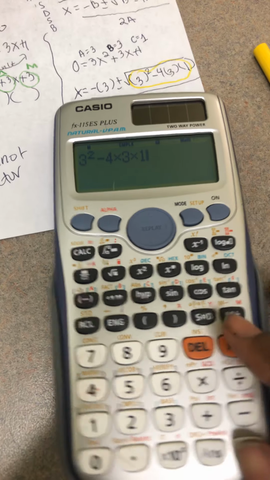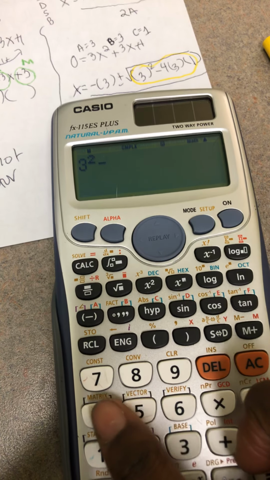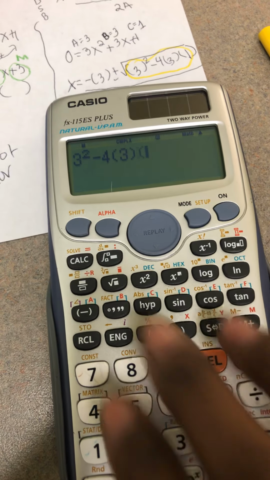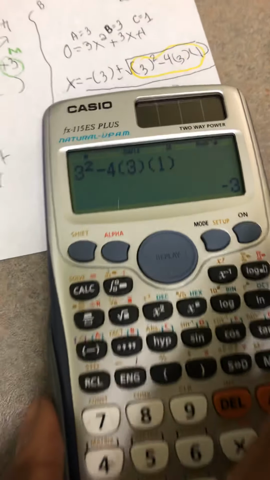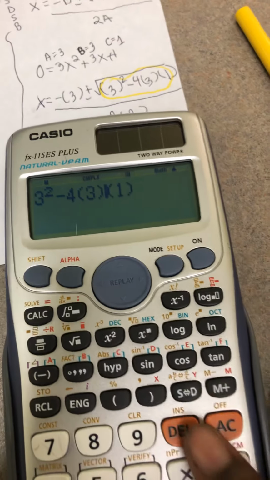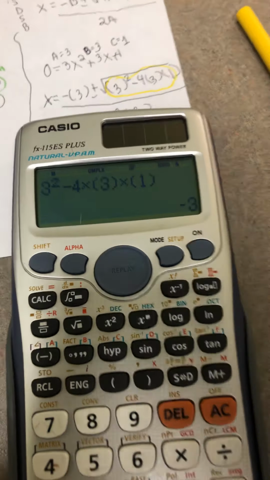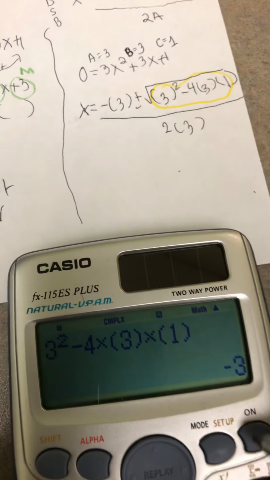So that gives you negative 3. Or you could do it exactly how you have it written. You could do negative 4 and use the parentheses and say 3 close parentheses 1. You might have to put multiplication between there. Oh, nope, it worked. So we get negative 3. If you get an error, you might have to go back and add multiplication, okay? It just depends on what calculator you're using. But okay, so underneath the radical, we have negative 3.